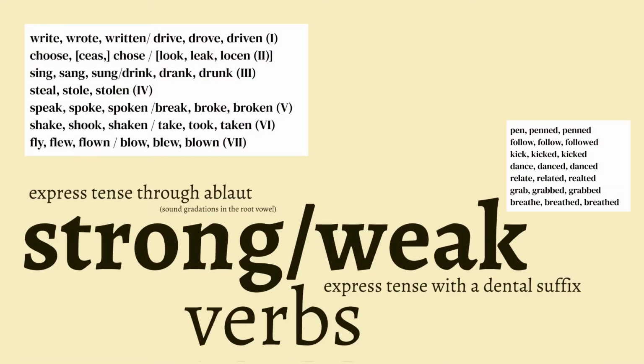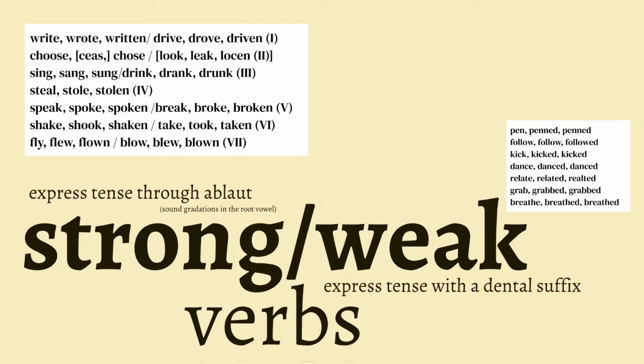Write, wrote, written. And some of these come with changes that are added to the end of the word. Usually we add an n sound to a lot of the participles, but if there is a change in tense expressed through ablaut, through sound gradations in the root vowel, then we would call this a strong verb in Old English, and if we wish, now.